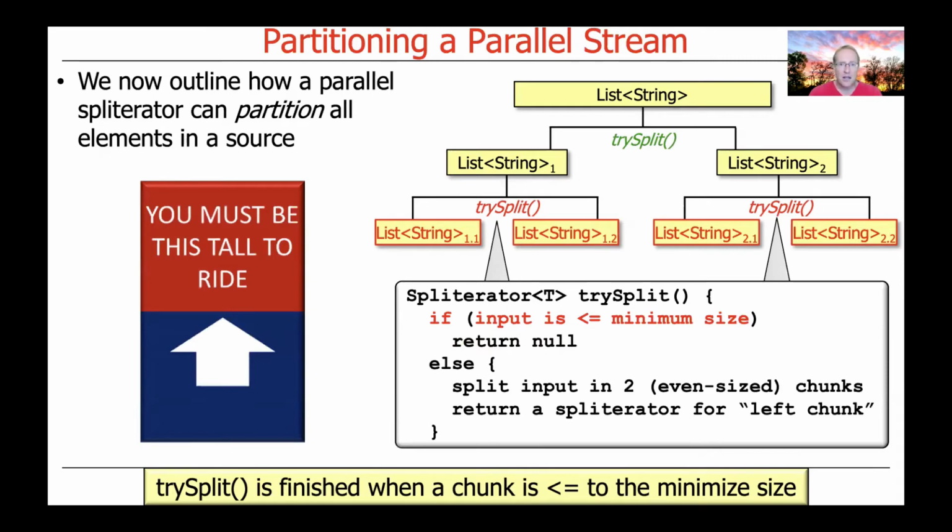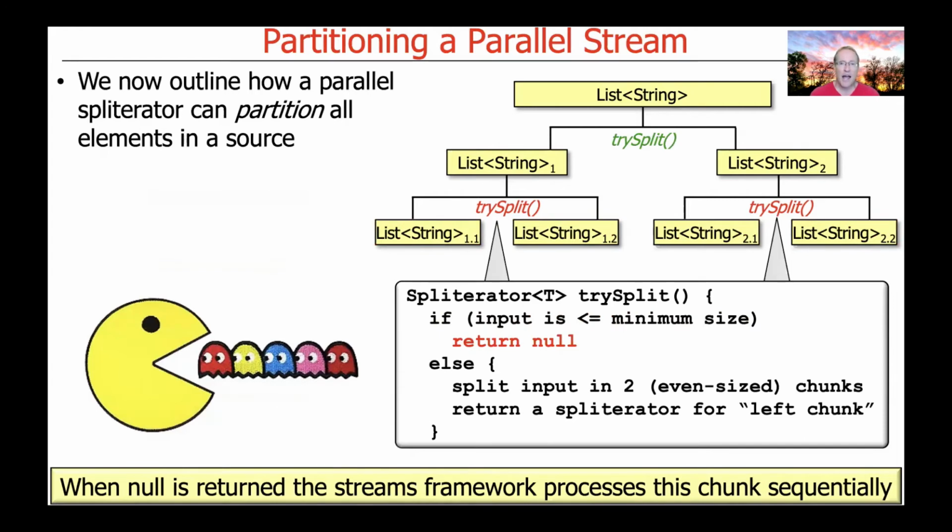When the chunk size of a given splitterator object is less than or equal to the min size, at that point try-split is finished, and it returns null. And when null is returned from try-split, that is basically an indicator to the underlying streams framework that the chunk should be processed sequentially.